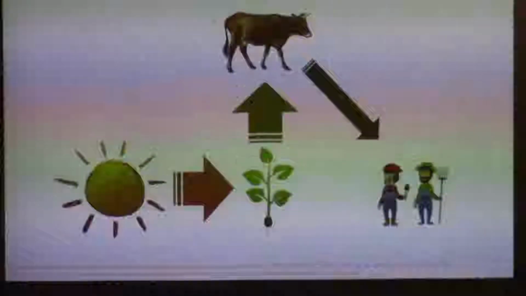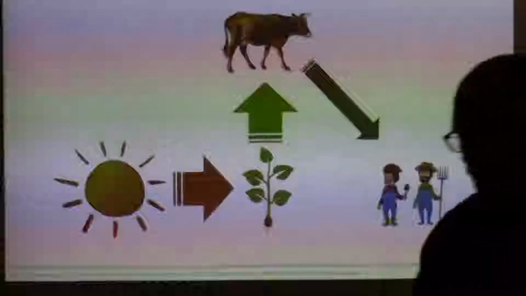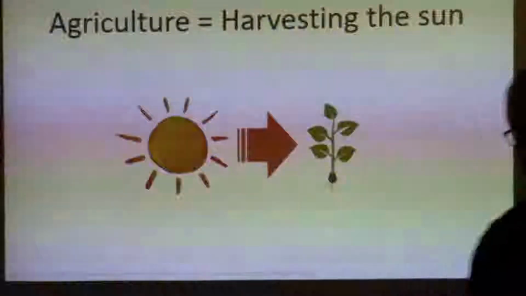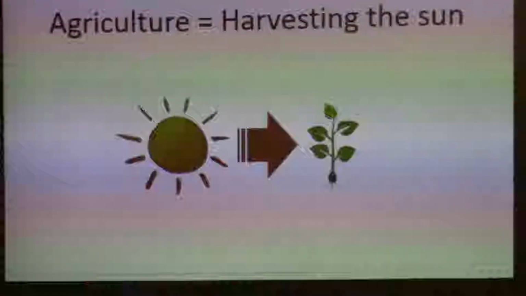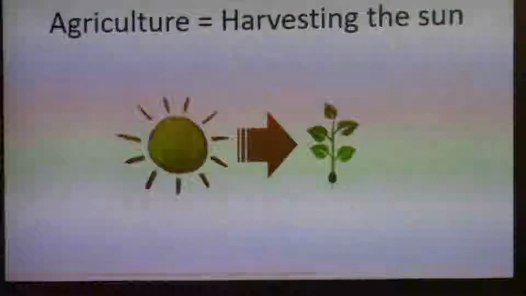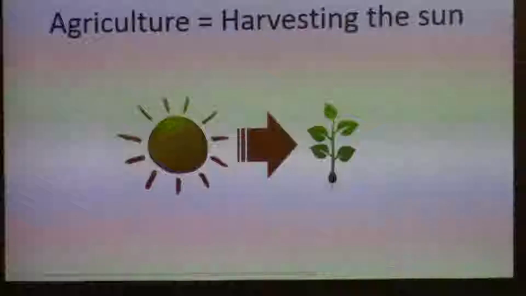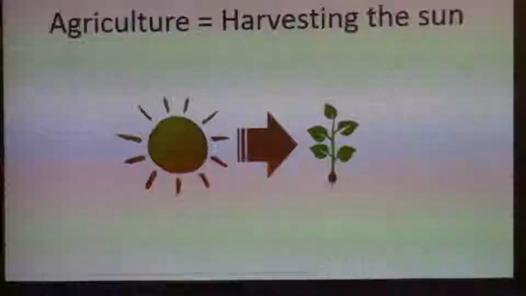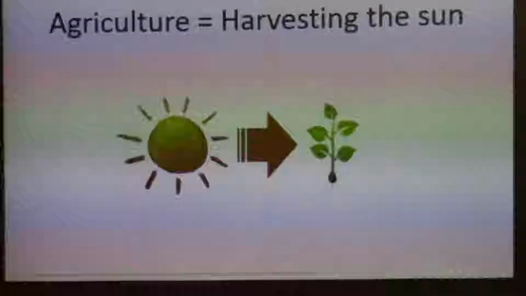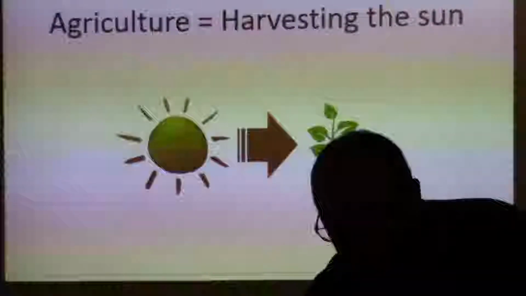Such as milk. But it all really comes down to the plants. Right? So how can we get plants to harvest as much of the sun's energy for our use as possible? That's agriculture, I would say, at its most basic level.